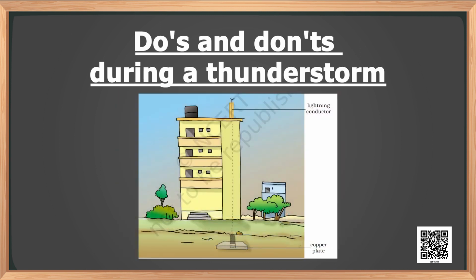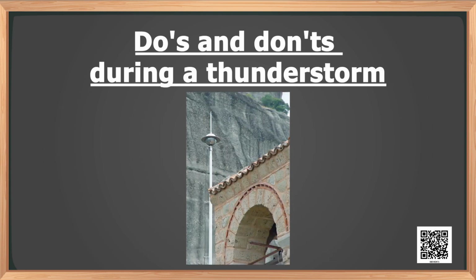Let us see. To protect our house and buildings from the destruction of lightning, we use something which is called a lightning conductor. So, what is a lightning conductor? As we have seen in our previous class, the charges will flow down from the body to the earth if the body is connected to the earth, which we call earthing.